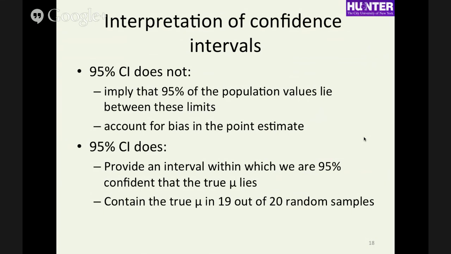It also does not account for bias in the point estimate. So it accounts for sampling variability, for the amount that that average will vary from sample to sample. But if it's somehow biased because your professor has a young face, it doesn't account for that.